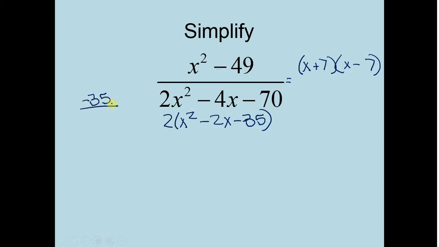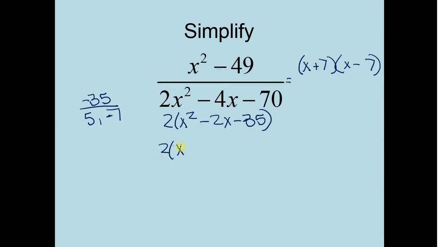What makes negative 35? 2 doesn't go in. 3 doesn't go in. 5 does, though. 5 times 7 is going to give me 35. And I need a negative 2. So which one has to be negative? If I make 5 negative, I'll get a positive 2. So I need to make that 7 negative.